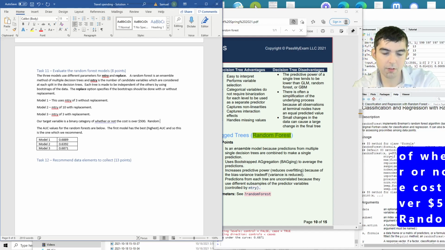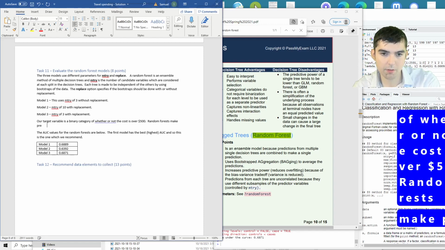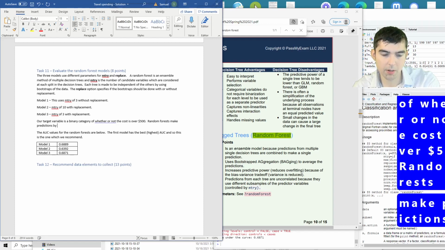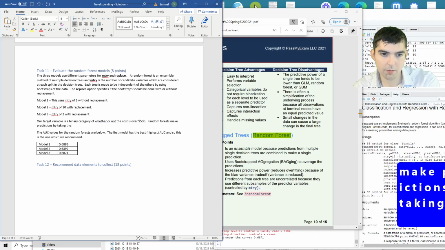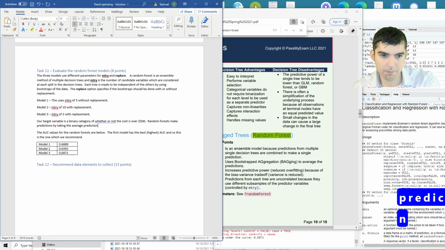Random forests make predictions by taking the average prediction. So each tree will predict a probability, and the forest averages the probabilities over all trees.